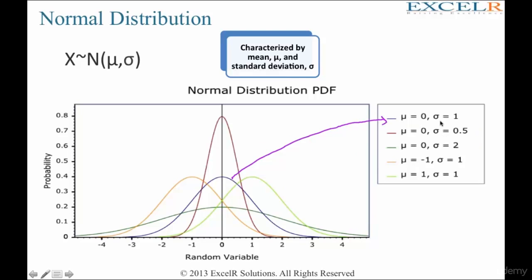If you let your standard deviation remain as is and move your average in the negative direction, your curve would move towards the left side, and that is given using this orange curve.